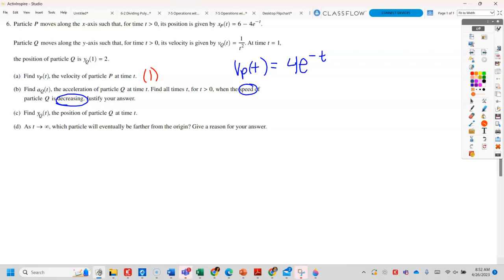So let's find our acceleration. Personally, I'm rewriting my velocity as t to the negative 2 power because I think it's easier to see the derivative with the power rule.